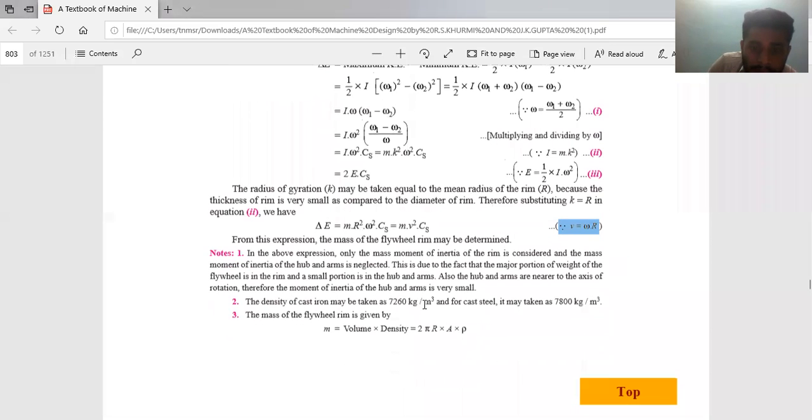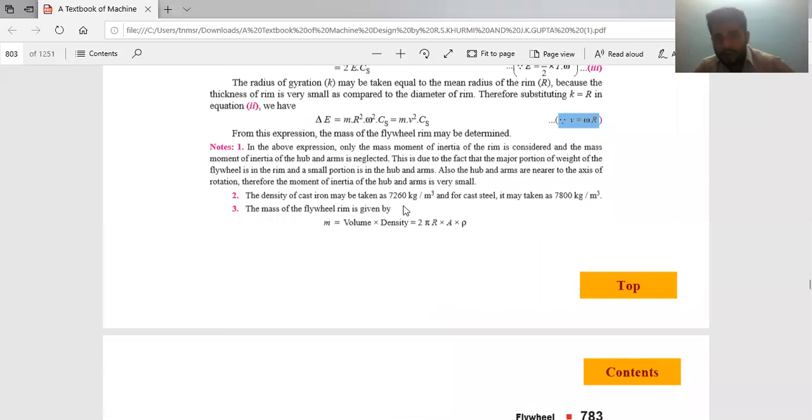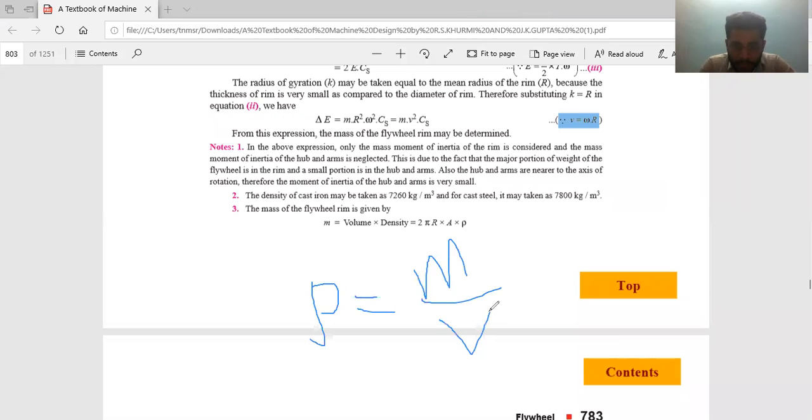Clear? Next, if I want to calculate the value of the mass of the flywheel, how will I calculate? I know that density rho is equal to mass by volume. So mass will be density into volume.